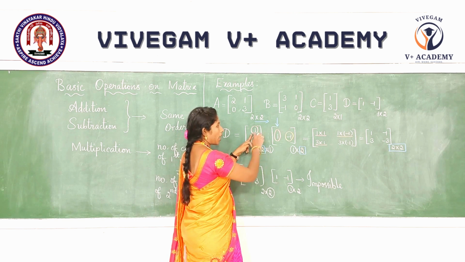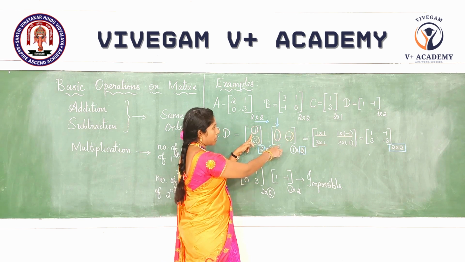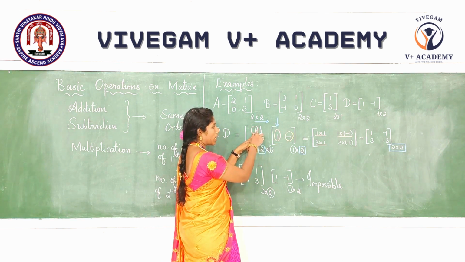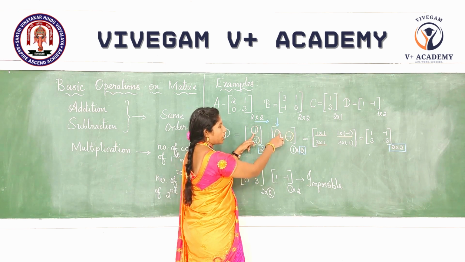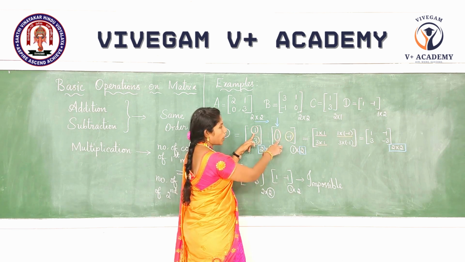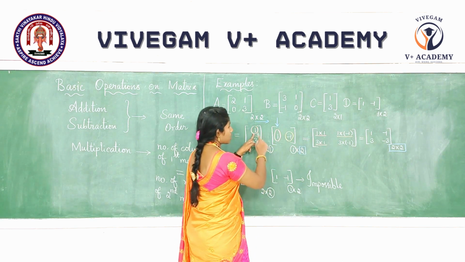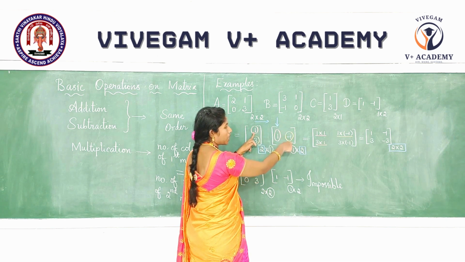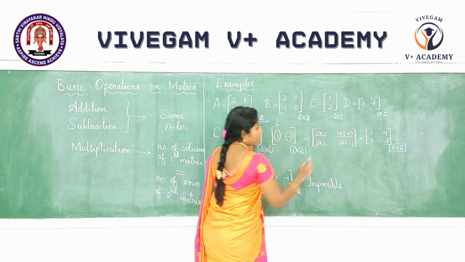Consider the first row and the first column of the second matrix. Here the first row has only one element, that is 1. That has to be multiplied with the corresponding first column, so 1 into 1 is 1. Then the same row is multiplied with the second column, so 1 into minus 1 is minus 1.